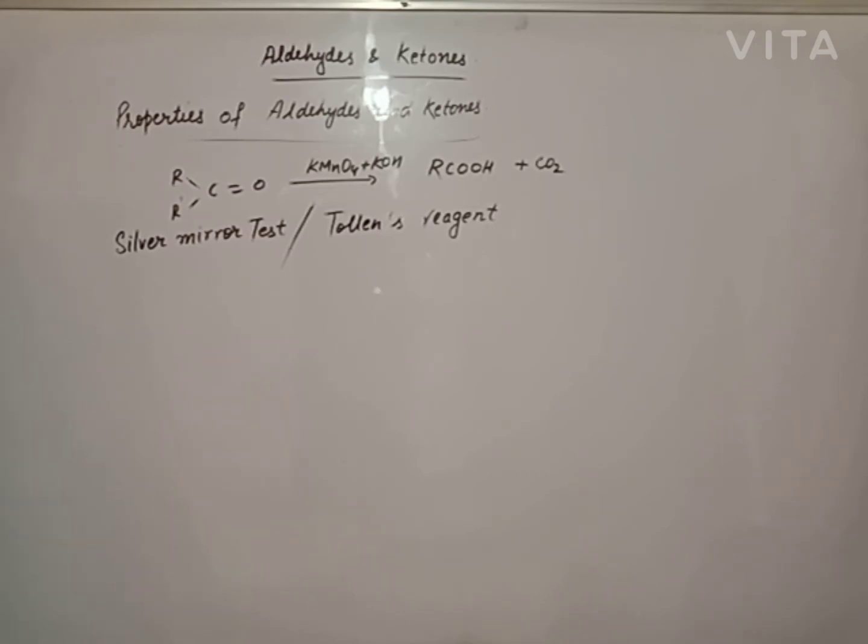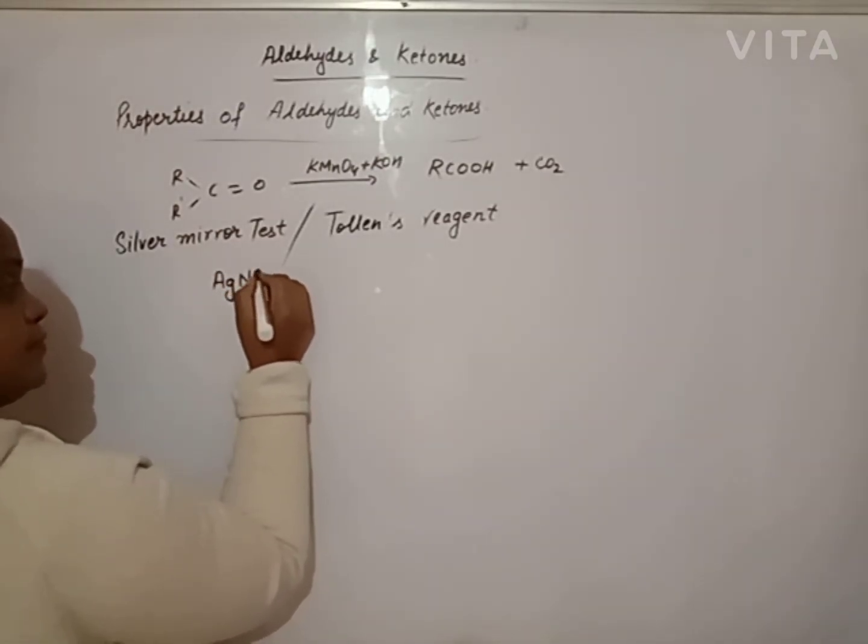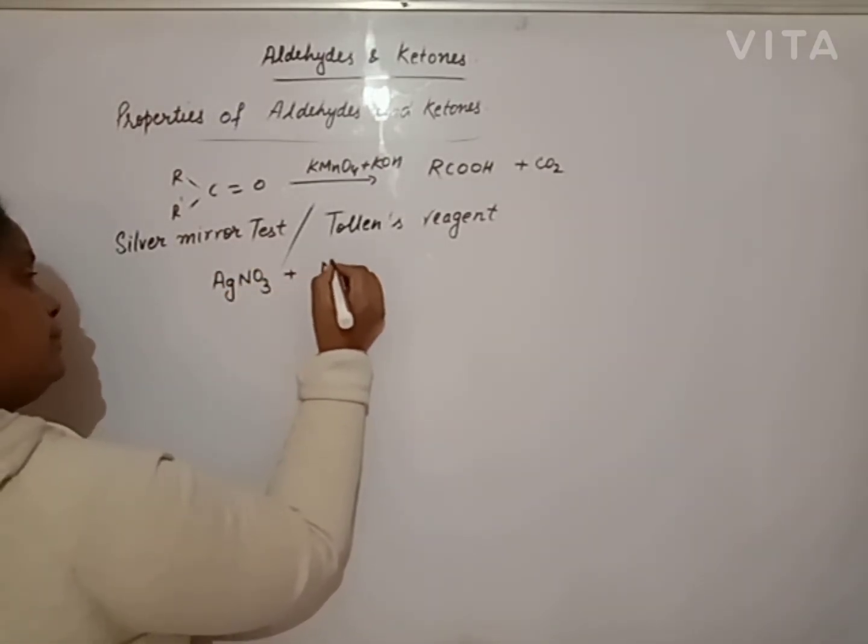Otherwise, you will prepare Tollens reagent in the lab. How will it be prepared? You will treat silver nitrate with ammonium hydroxide.